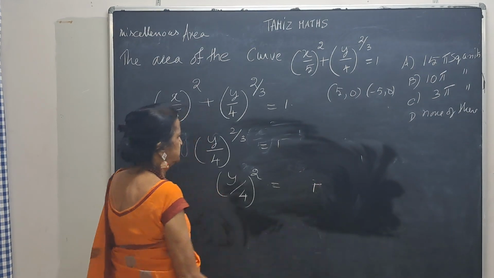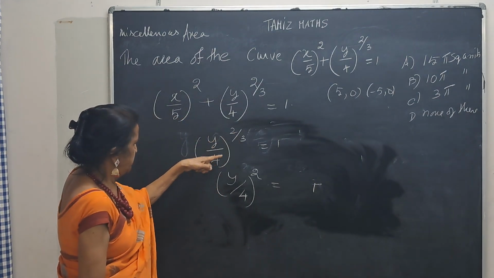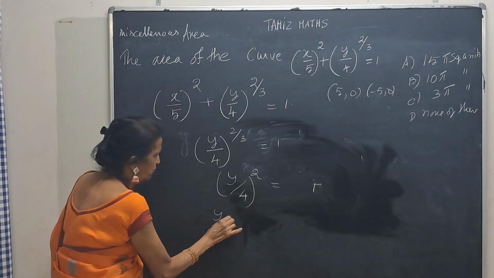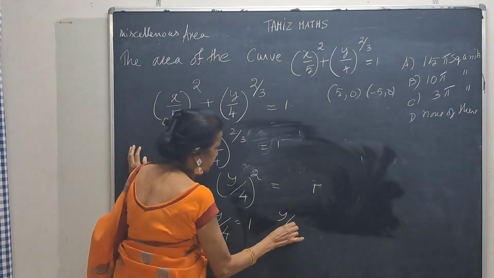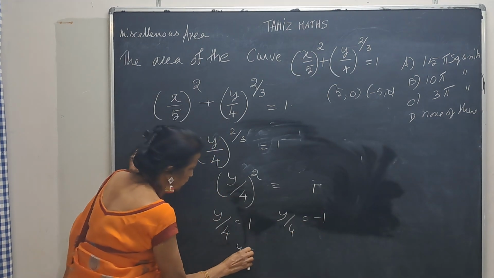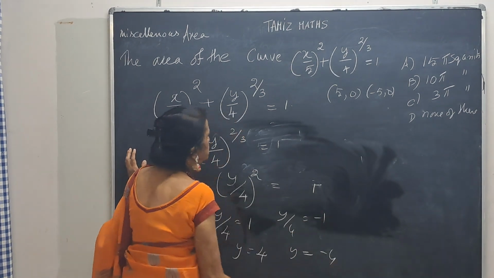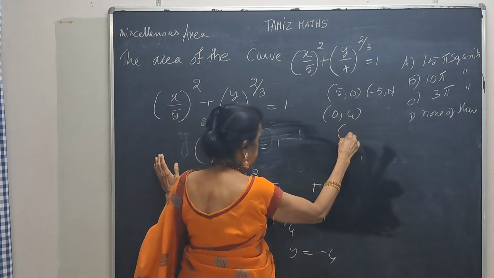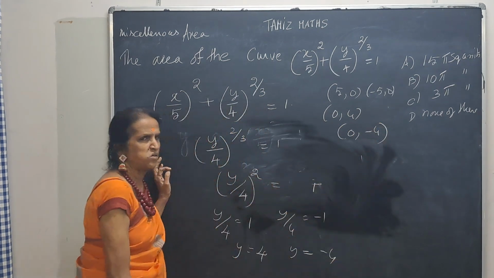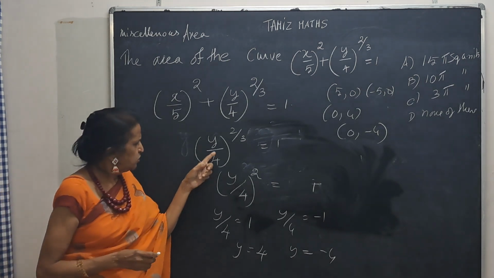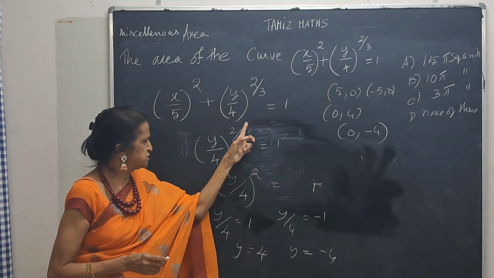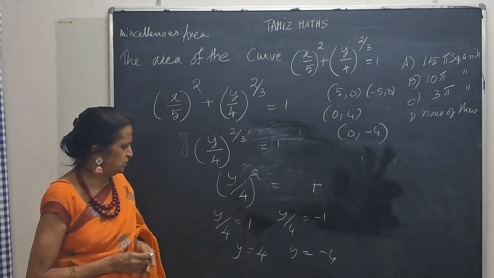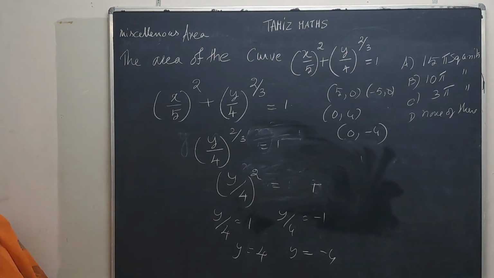That is 1, cube, so it will be 1. So y/4 is 1 or y/4 is minus 1. So y is 4 or y is minus 4. So (0, 4) is one point and (0, -4) is another point.